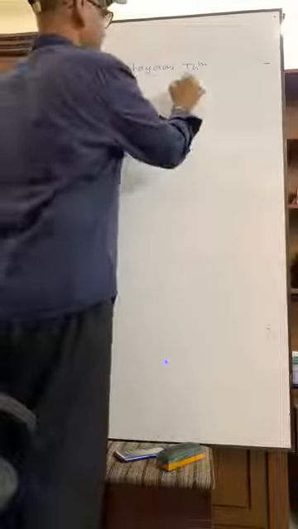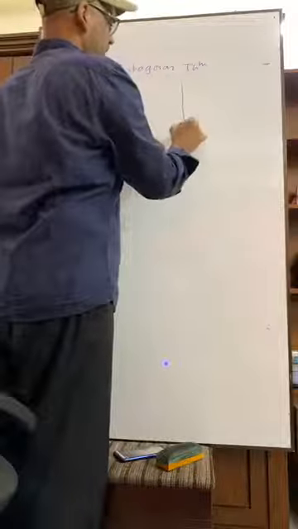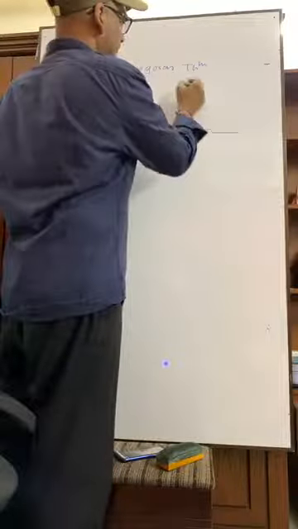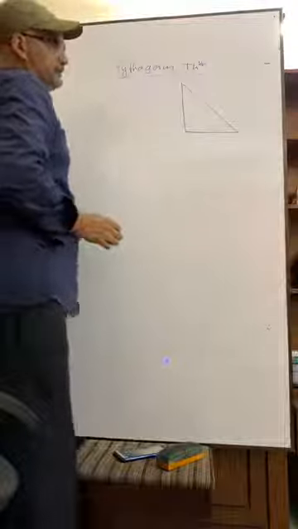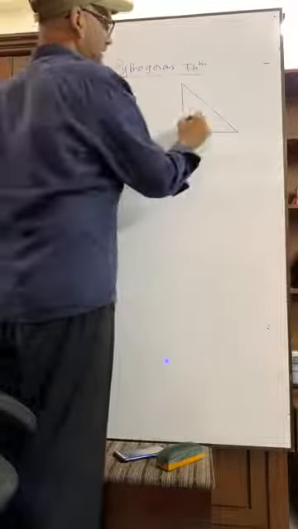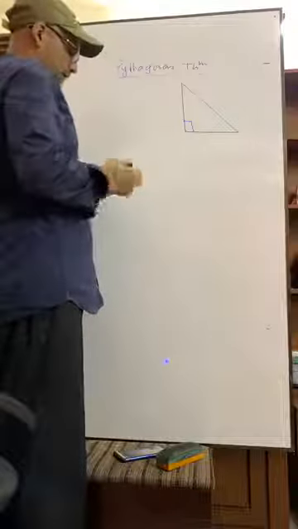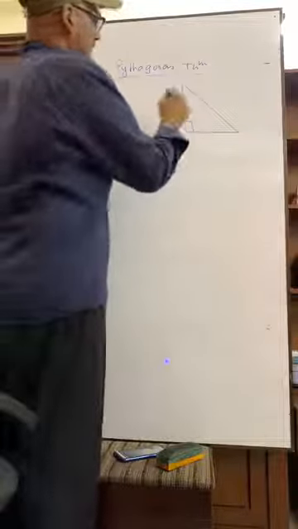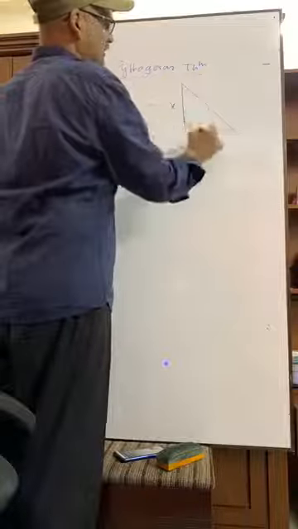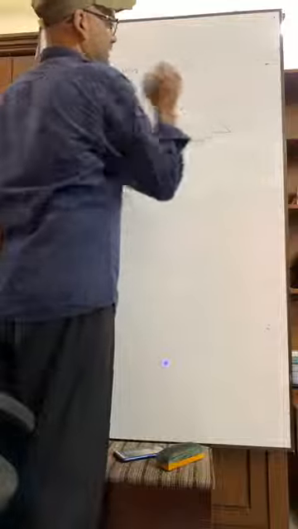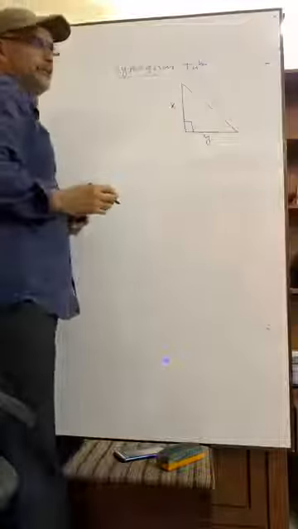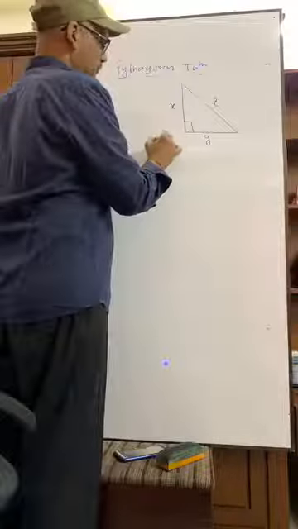Suppose this is a right angle triangle. Here, this is X, this is Y, and this is Z. So, what is to prove?